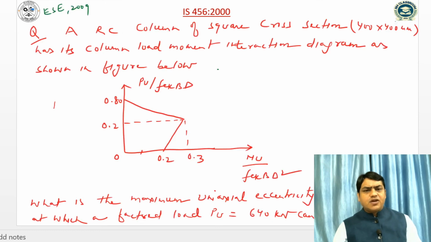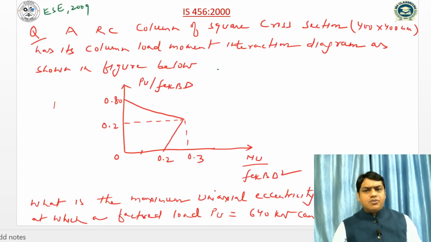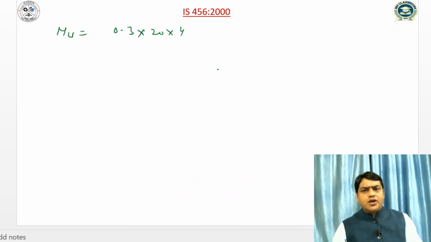Here the grade of concrete is 20 Newton per mm square, so it will be 0.3 into 20 into 0.4 into 400 square.